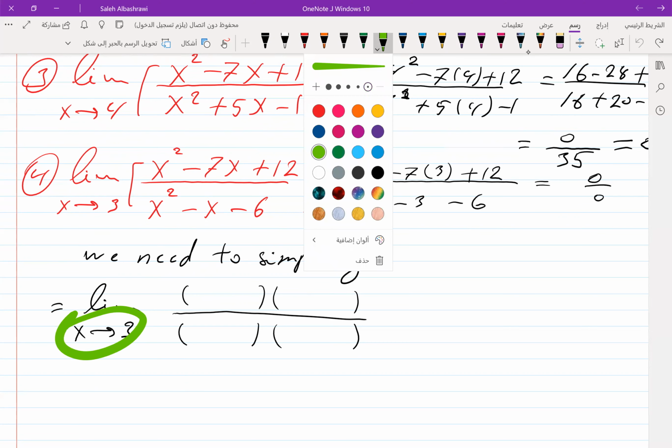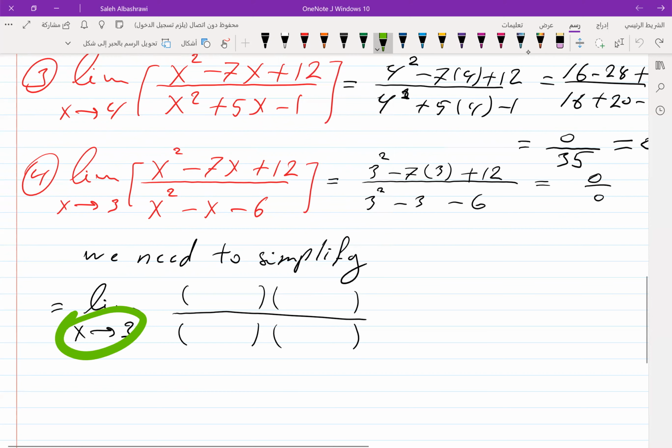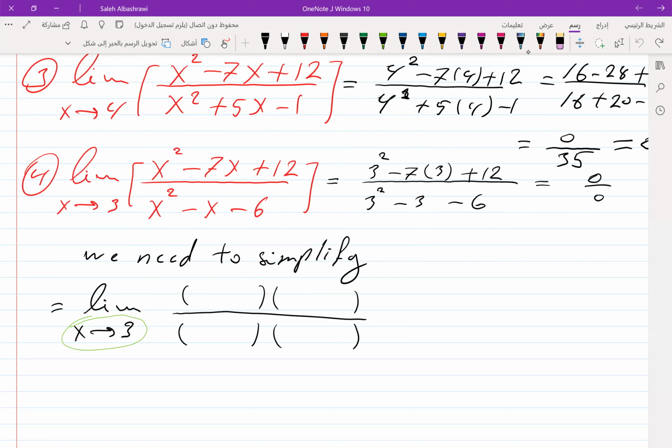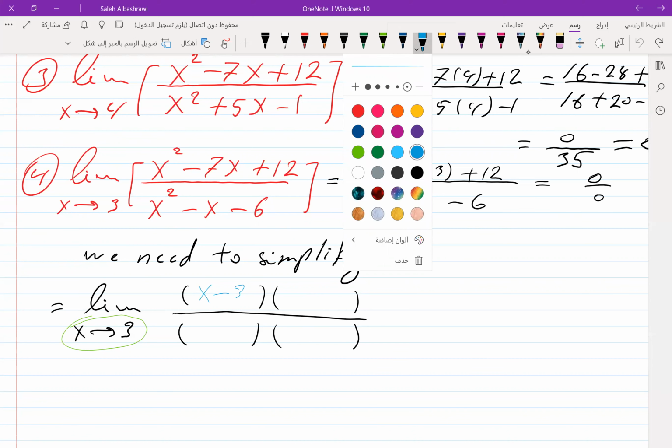So I will have the first one is x minus 3, up and down.